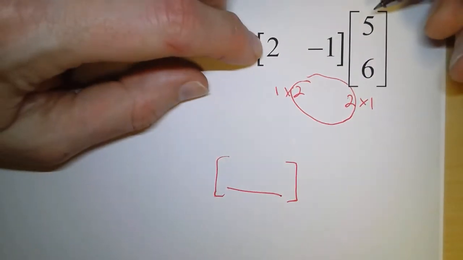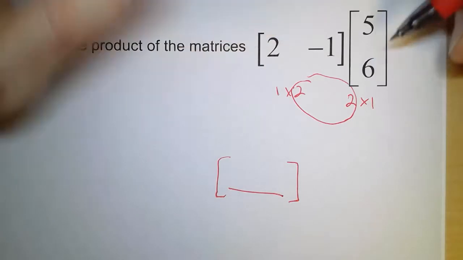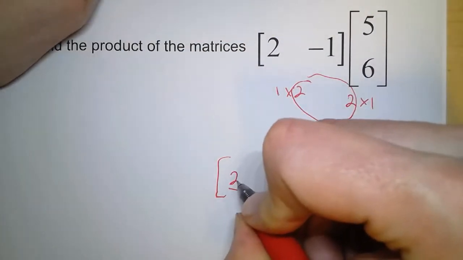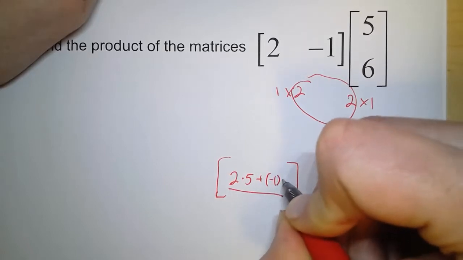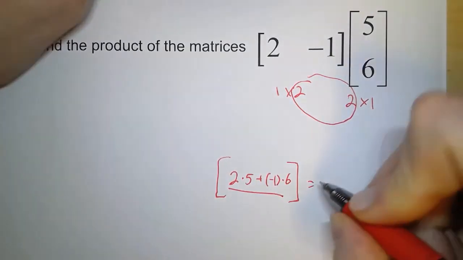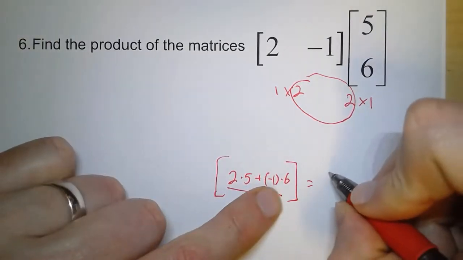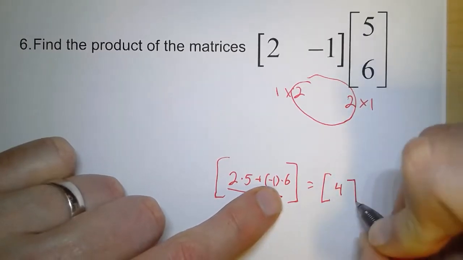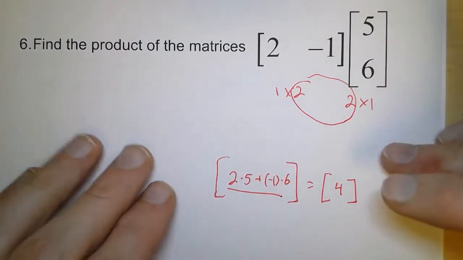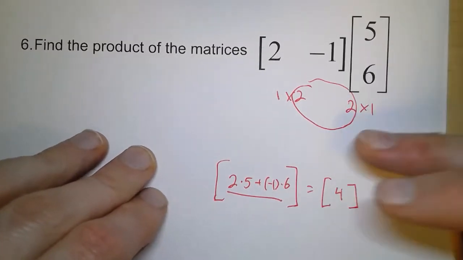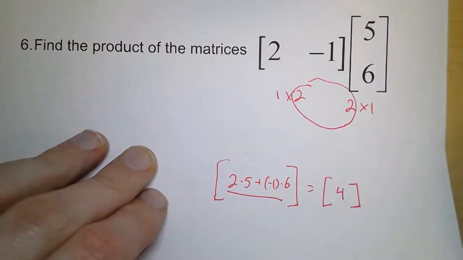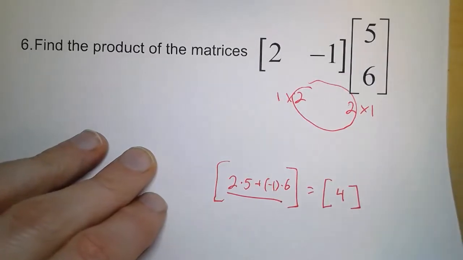And so I multiply across this one row and multiply down this one column. So 2 times 5 plus negative 1 times 6. So I have 10 and negative 6. So that means my matrix here is 4. So this quick example shows you that if you switch up the order, then you're going to get different results when you multiply.